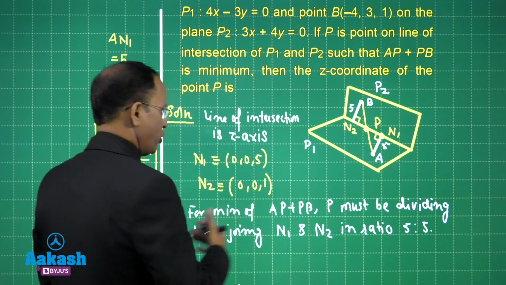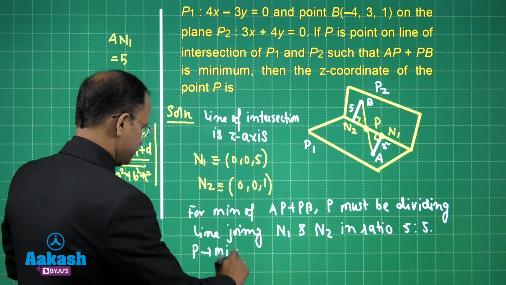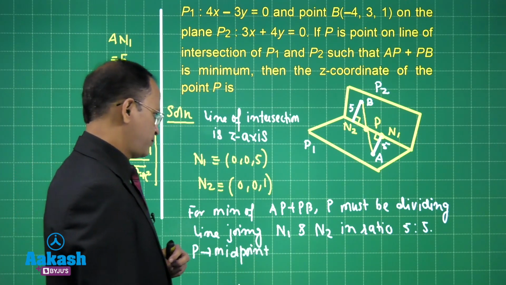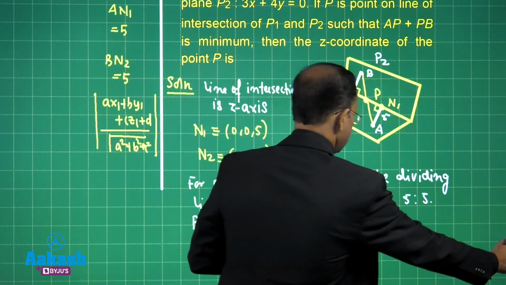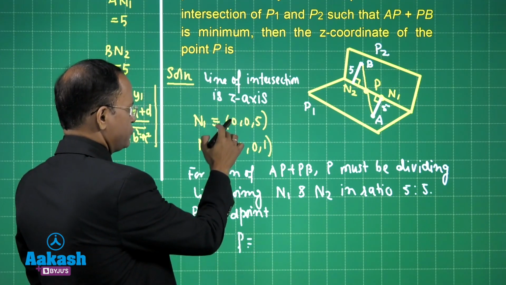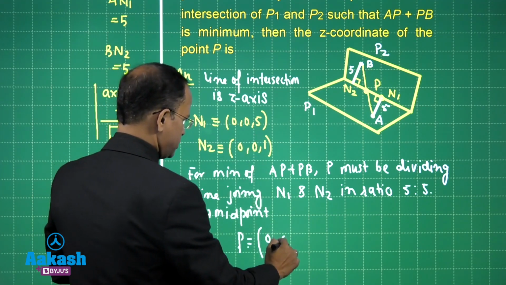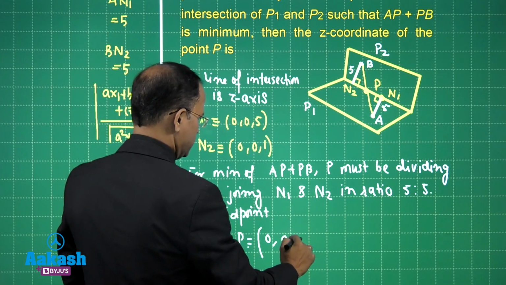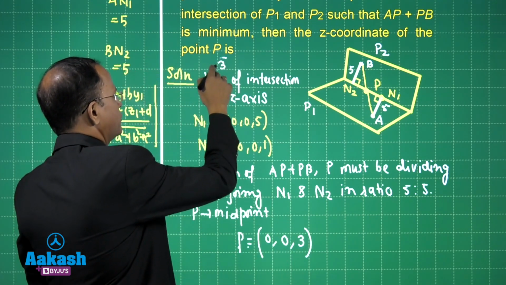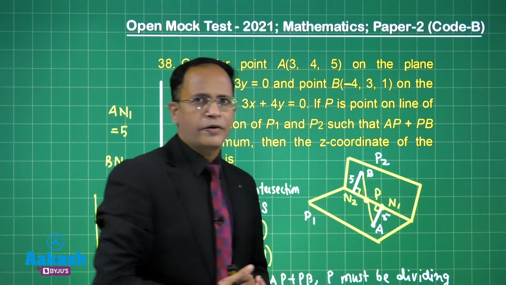That means P is the midpoint, right? So we are talking about the midpoint. This is nothing but 0 plus 0 divided by 2, that is 0. 0 plus 0 divided by 2 is 0. Then we have 5 plus 1 divided by 2, this is going to be 3. So the z coordinate is going to be 3 in this case, right?